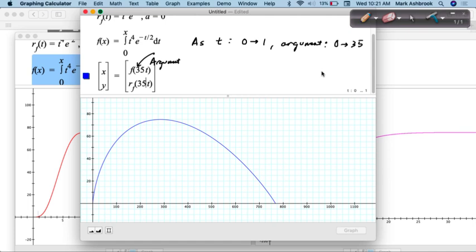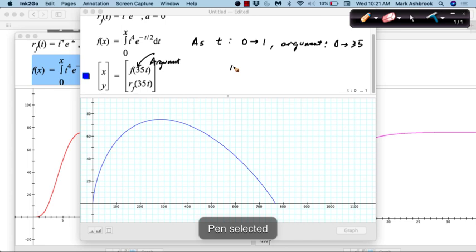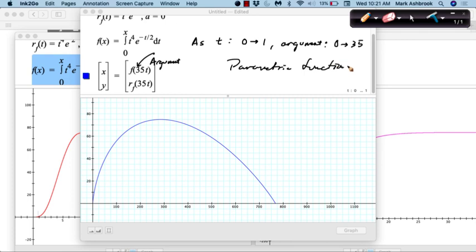Okay, so parametric functions. Parameter is an ungraphed, behind-the-scenes variable. And then normally we'll say it this way. x is some function of t, and y is some other function of t.